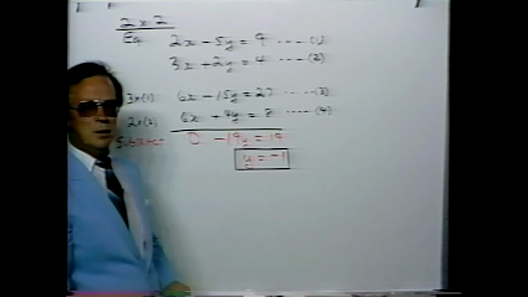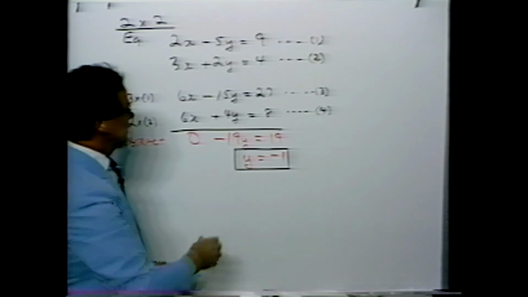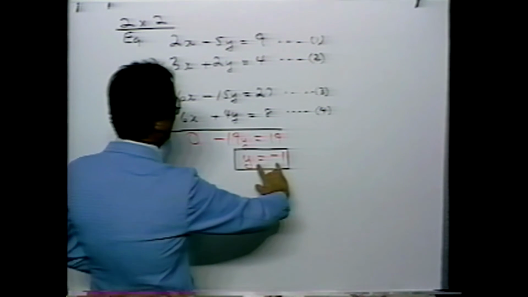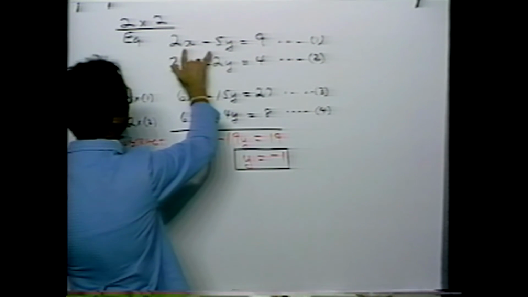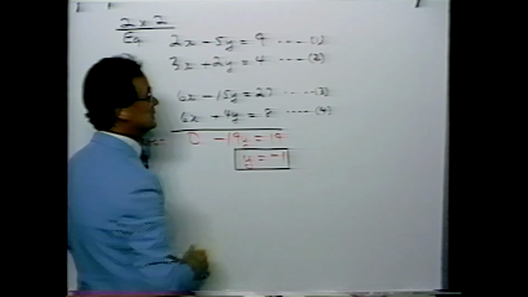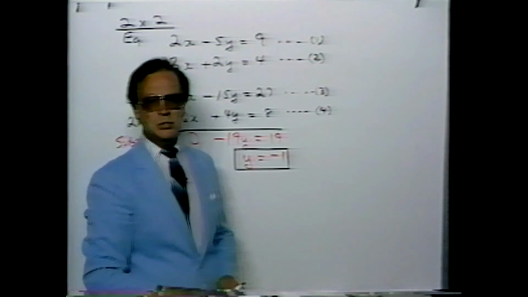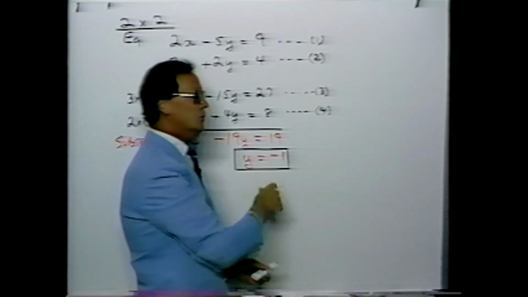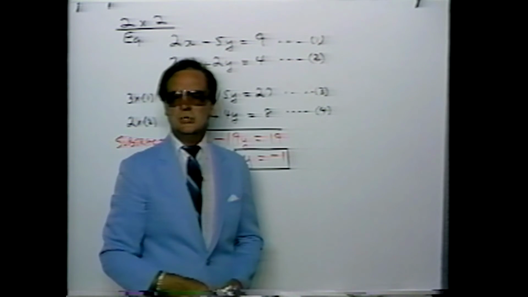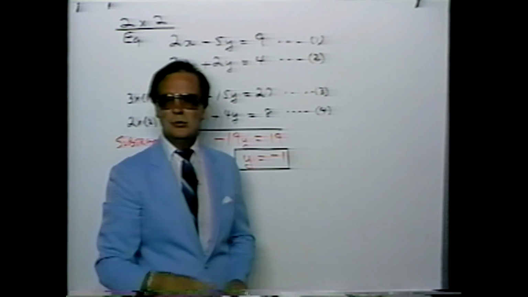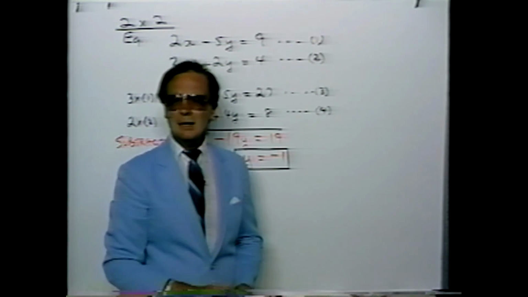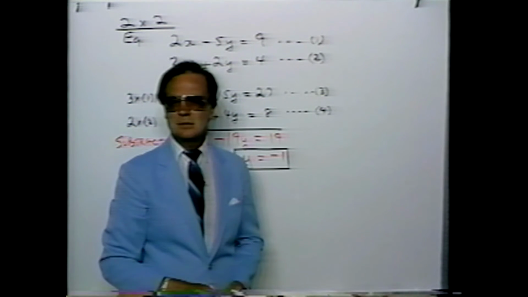The next part is quite simple. Since you know what the value of y is, and here you have an equation, 2x minus 5y equals 9, by the substitution of y equal to minus 1 into one of the equations, it won't make any difference whether you use equation 1 or 2. You'll end up with the same value for x.